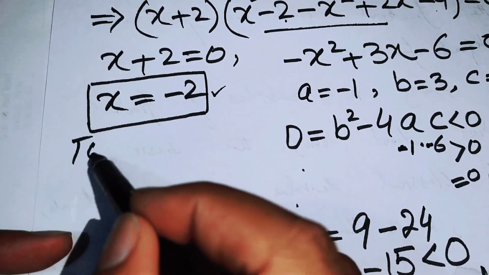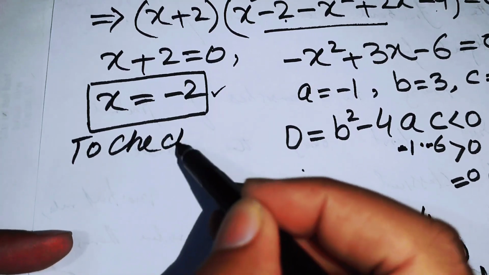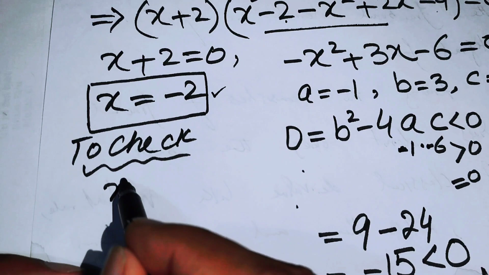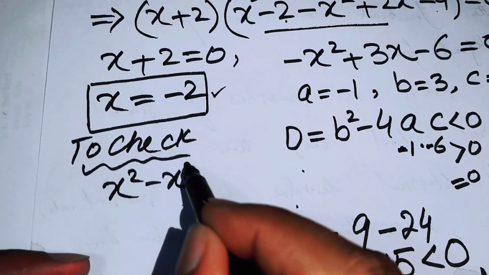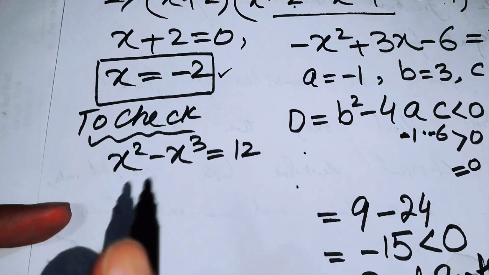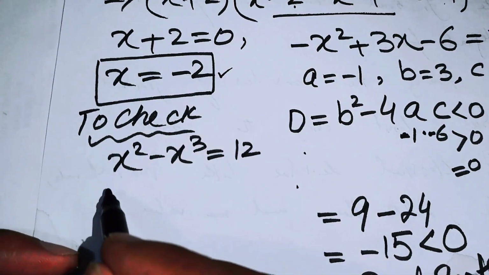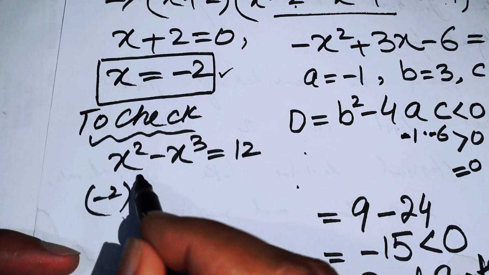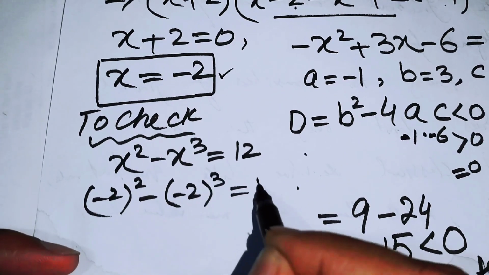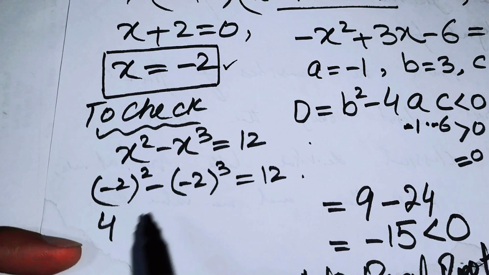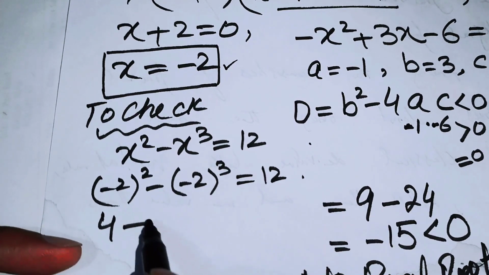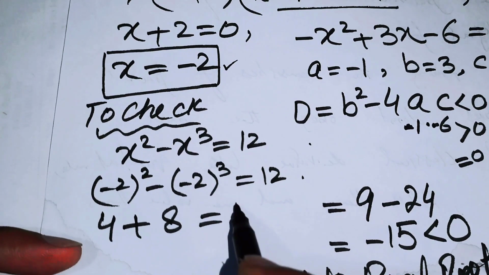In order to check this solution, we put into x squared minus x cubed is equal to 12, which is the given equation. Now we put x is equal to -2, so it becomes (-2) squared minus (-2) cubed is equal to 12, and (-2) squared is 4, and (-2) cubed is -8, and minus minus plus 8 is equal to 12.